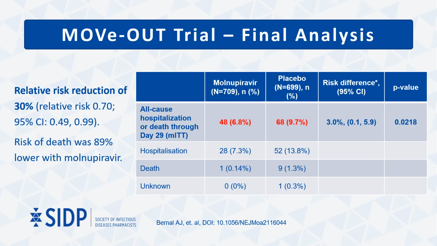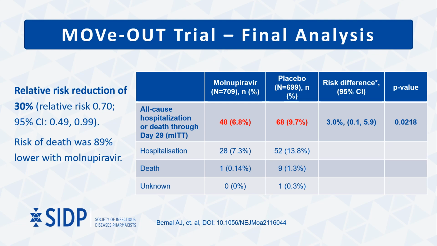However, after a short period of time, the final analyses were released, and the data seemed to be a little less favorable. At this point in time, when we had 709 patients in the Molnupiravir group and about 700 patients in the placebo group, the relative risk reduction of all-cause hospitalization and/or death through day 29 was only about 30%.